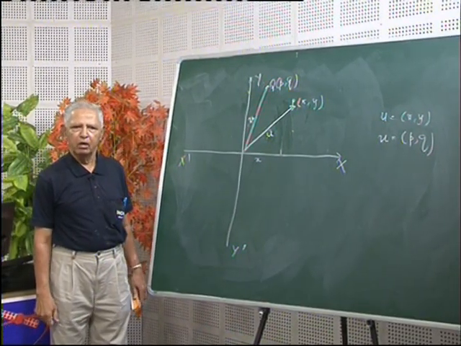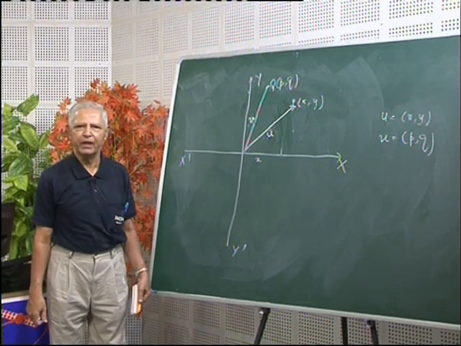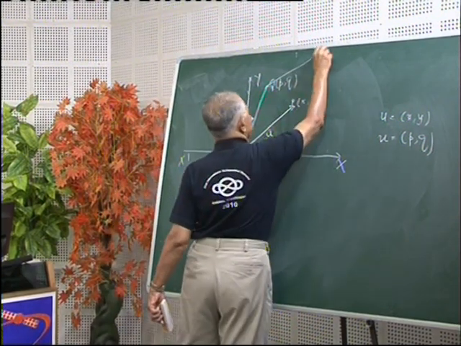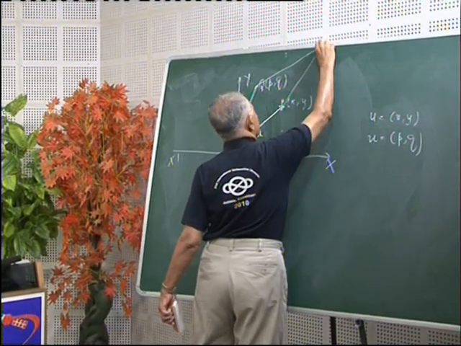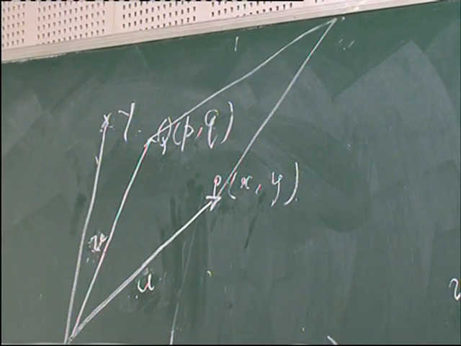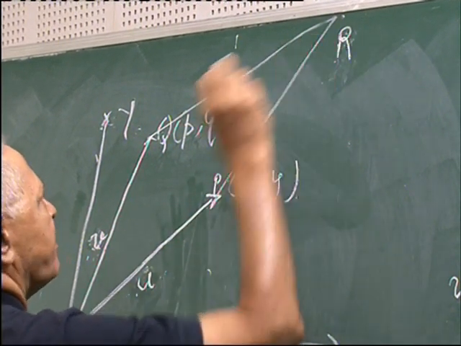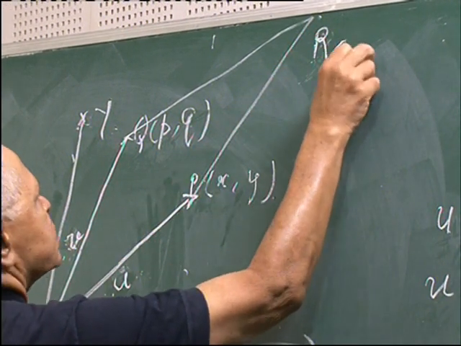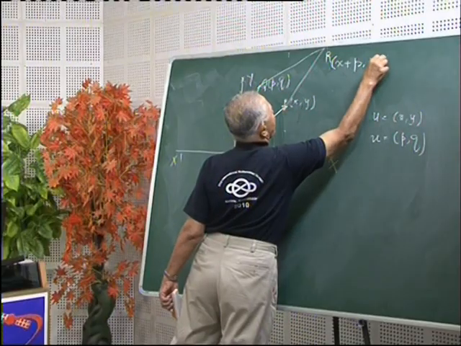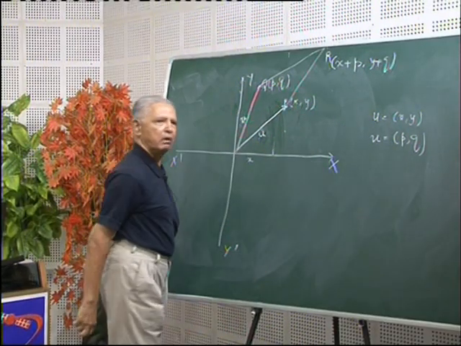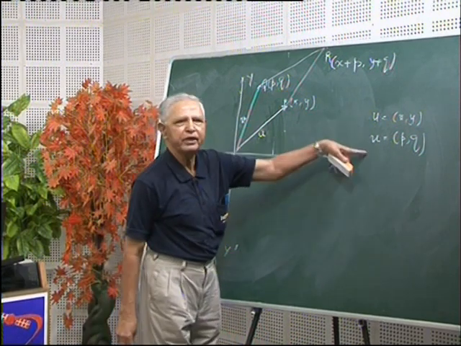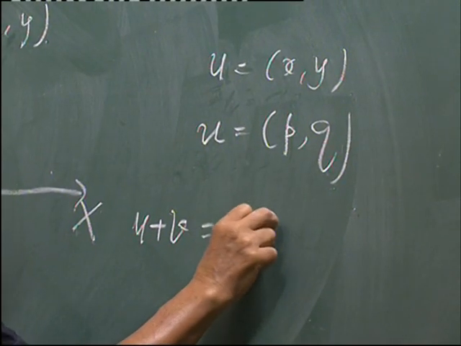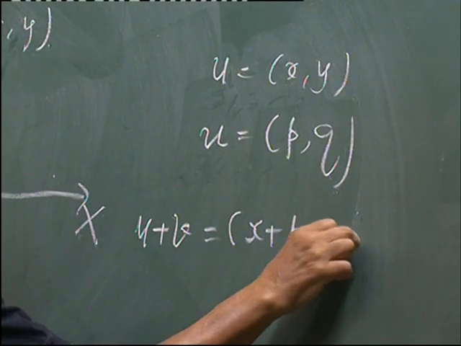Now, how do we represent addition and scalar multiplication here? We complete the parallelogram, and we can prove that if R is a point, then the coordinates of this point are x + p and y + q. Our definition of addition says that u + v = (x + p, y + q).